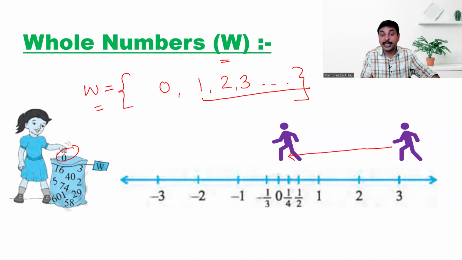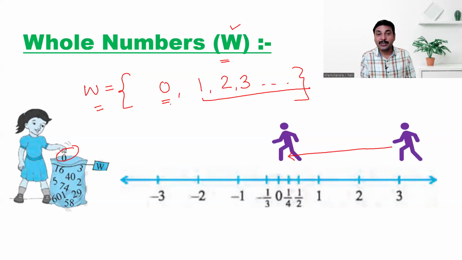I hope everyone is getting this. So when 0 is added to the natural number group, the resulting group is called the whole number group, and the whole number group is represented by W. Now if I ask you a simple question, my dear friends, which is the smallest whole number? Just tell me. Yes, 0 is the smallest whole number.